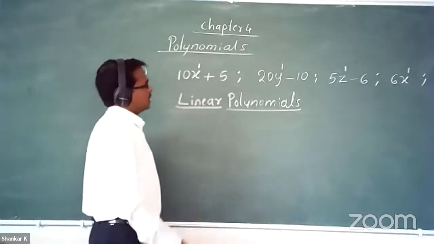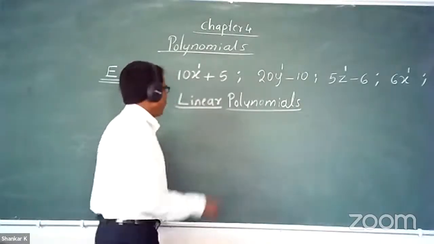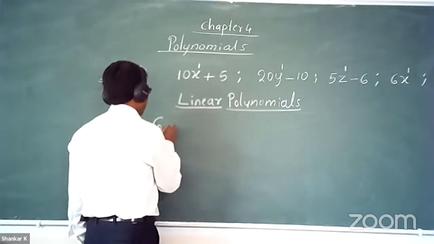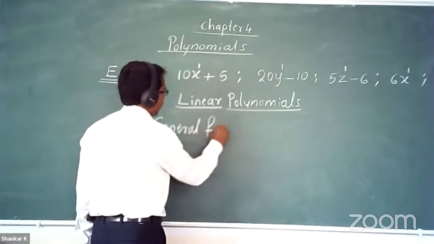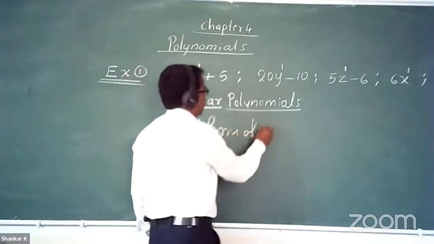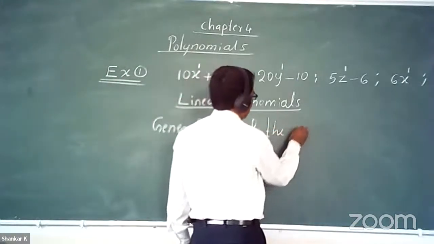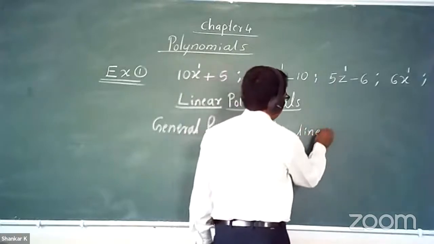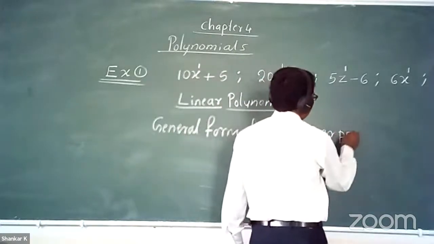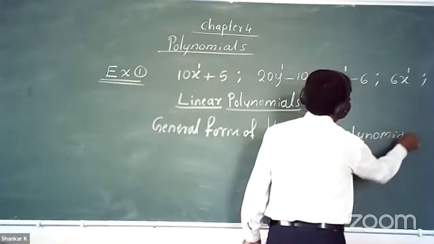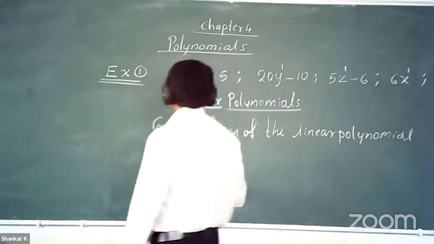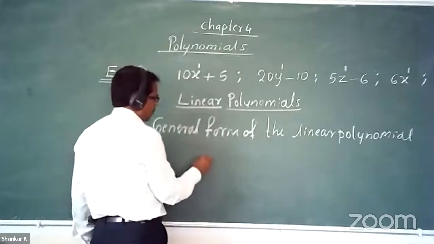So, the general form of the linear polynomial. General form of the linear polynomial is what?